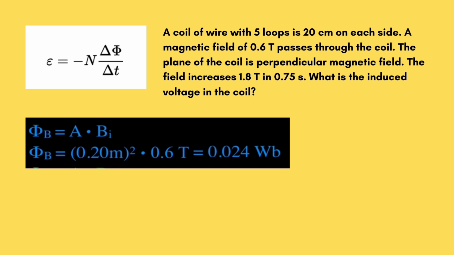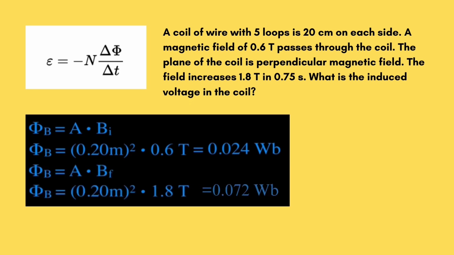So that would be 0.20 meters squared, because in the given we have 20 centimeters and we should only use meters. Why is it squared? Because it is stated here that it is 20 cm on each side. So 0.20 meters squared times 0.6 Tesla, which is the initial amount, is equal to 0.024 Webers.